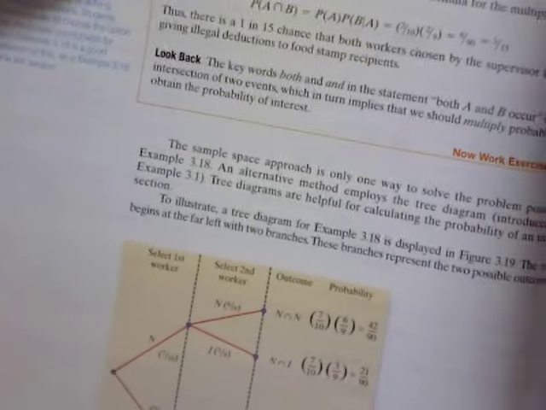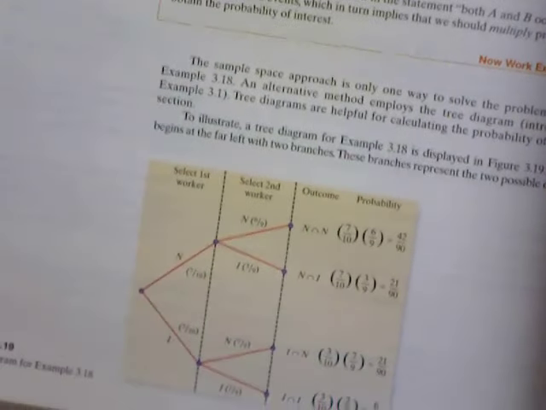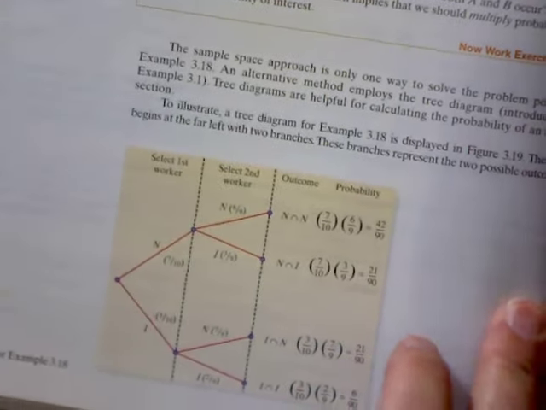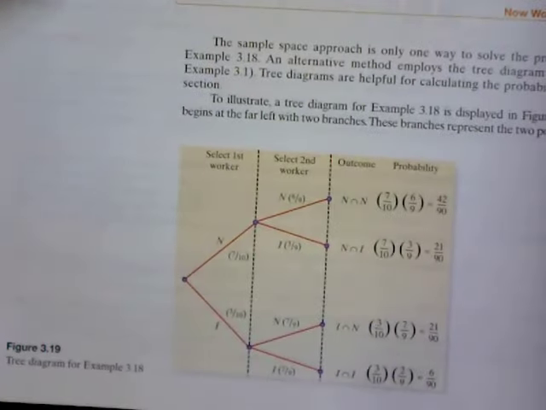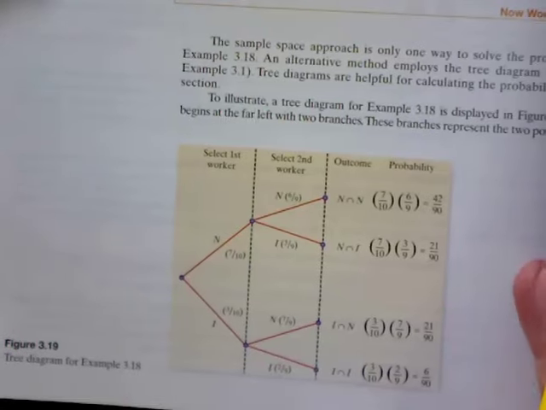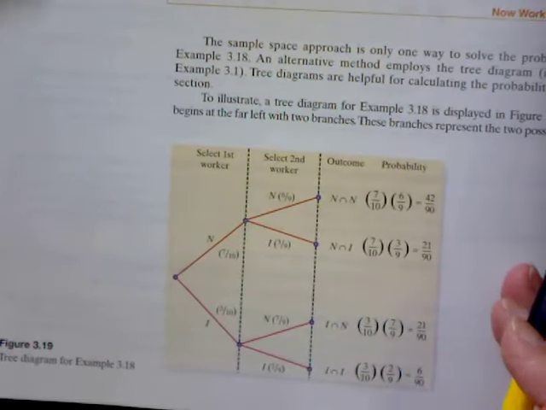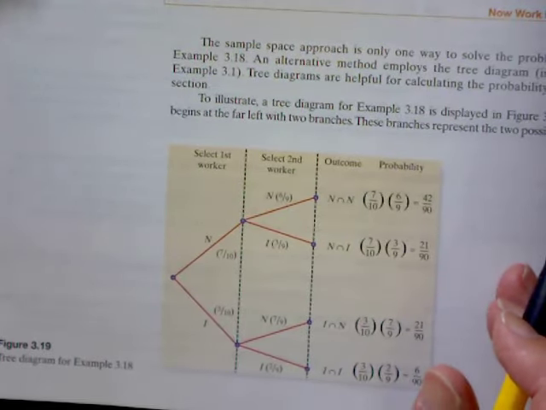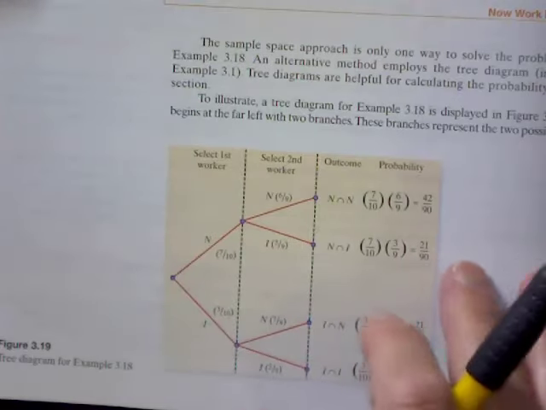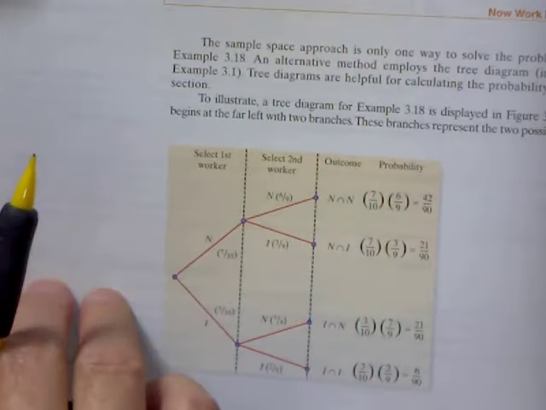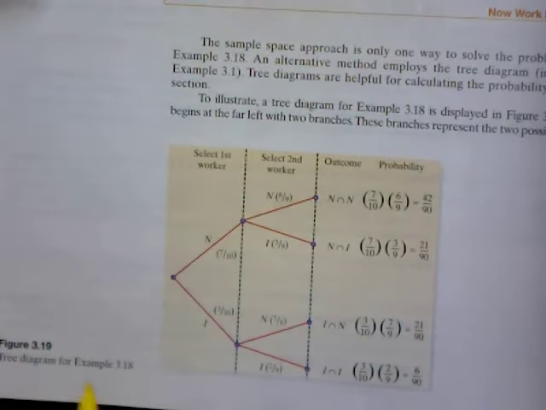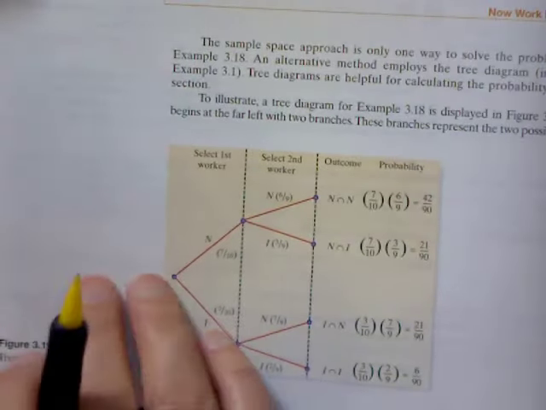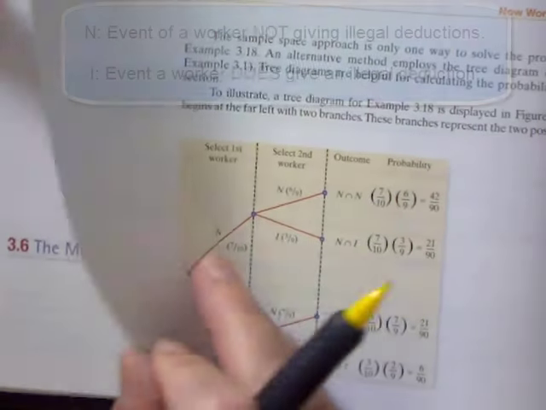The next example uses what's called a tree diagram. And this tree diagram can be very helpful with understanding probabilities. In this case, we're talking about selecting workers, and there are 10 workers that we select, and we're going to select 2 of them.